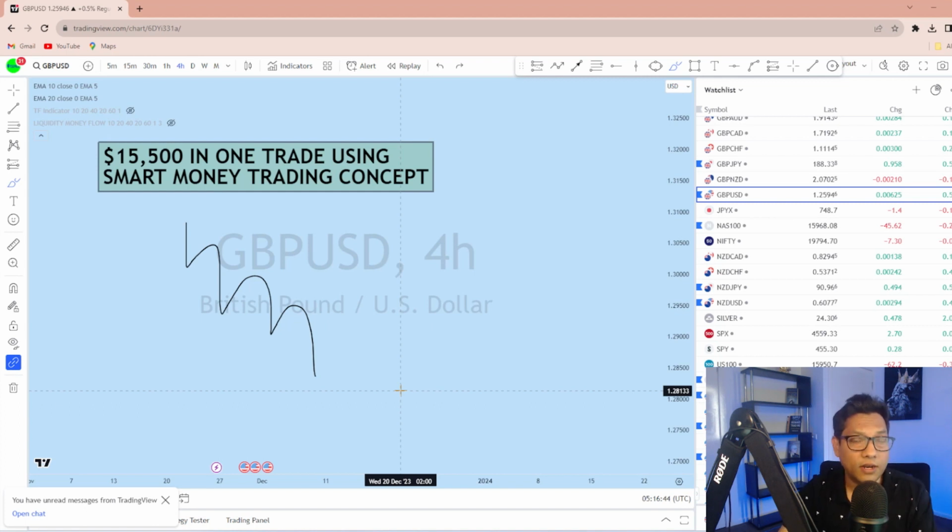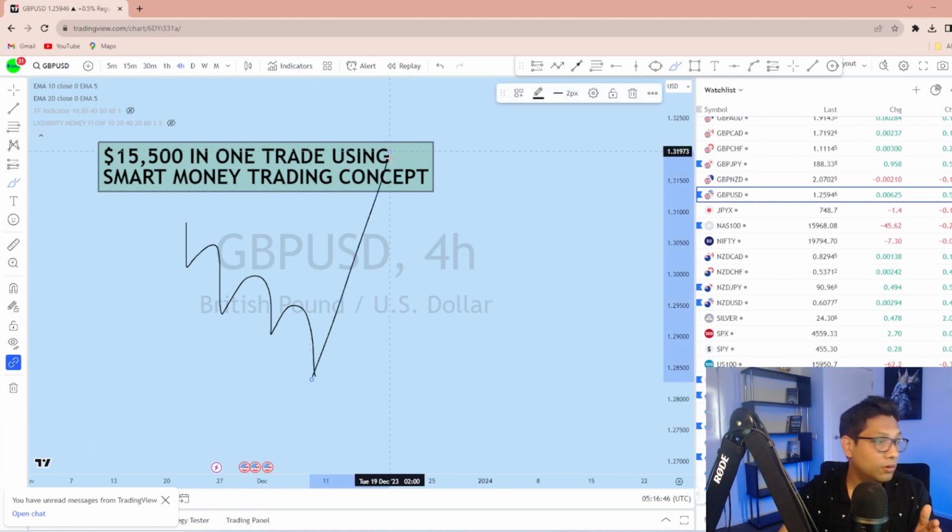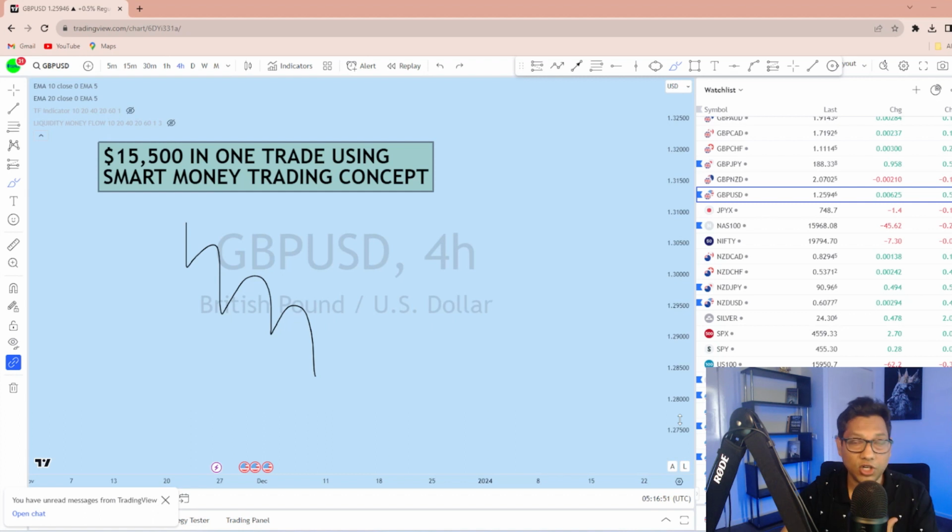Now a downtrend will never just change in one go. It must form some kind of identifiable structure. That is where smart money thinks of buying and selling. When a trend is exhausted and prepares for a change, it normally behaves a bit differently.